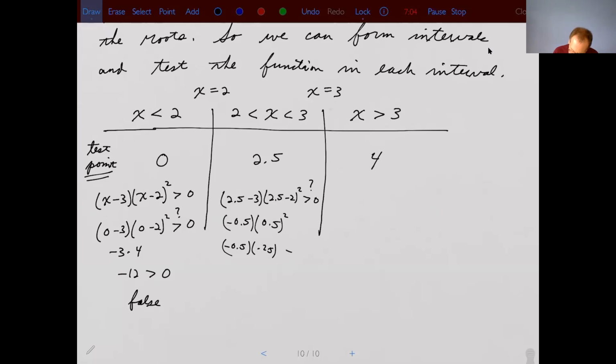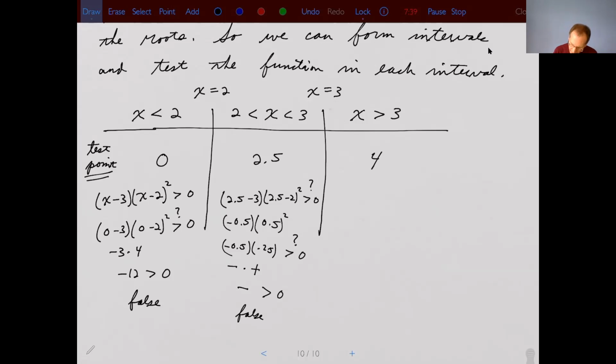And then the question is, is that greater than 0? Well, we don't even need to actually do the numbers out. If I have a negative times a positive, that's going to be negative. Can that be greater than 0? No, so that's false. You can multiply this out, 0.5 times 0.25, so I guess it's negative 0.125 or something. That's definitely not greater than 0, so that's false. But the easiest way to think about it is to just look at the signs. A negative times a positive is negative, and that can't be greater than 0, so that's false.